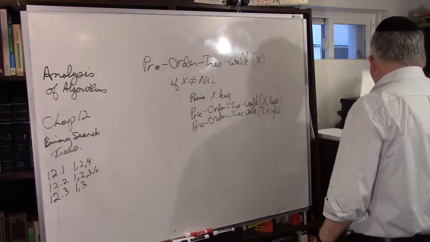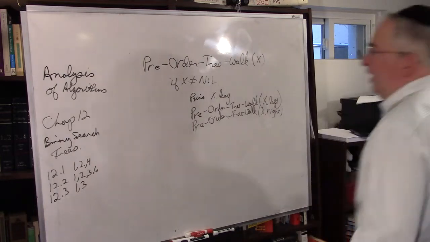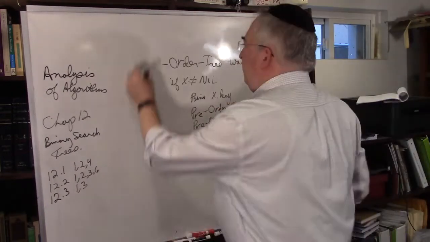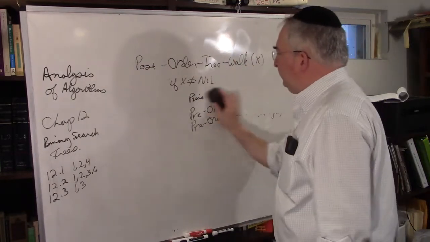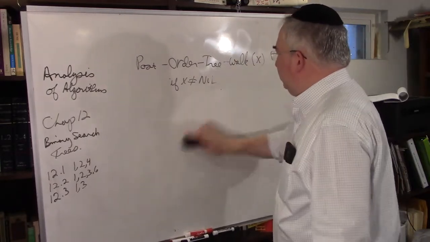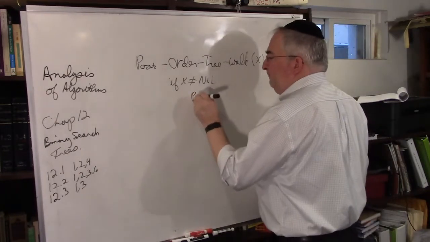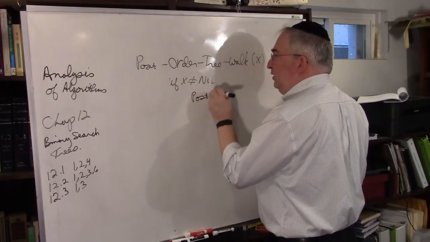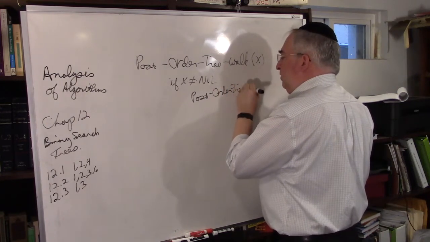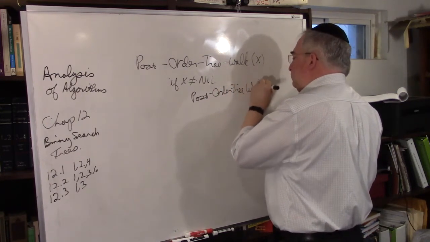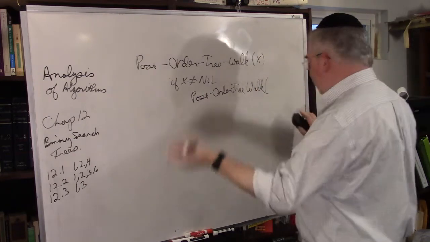Okay, good. Let's do the post order. We can do this. Post order tree walk basically goes as follows. First, do post order tree walk on the left.